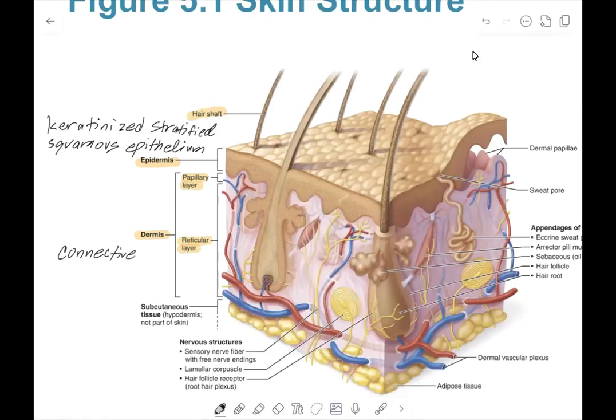We'll be talking about the specific type of connective tissue that it is coming up. Deep to the dermis is the subcutaneous tissue or hypodermis, which is also connective tissue. You can see that it predominantly has fat cells, which are adipocytes, so it's adipose tissue.